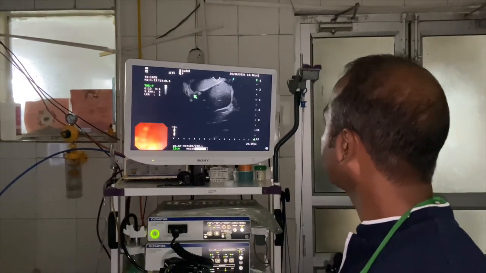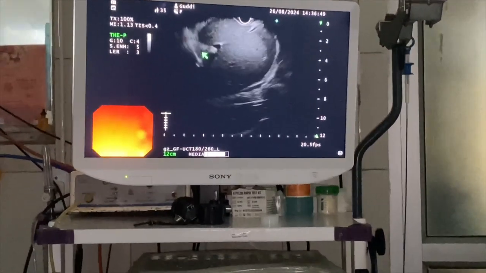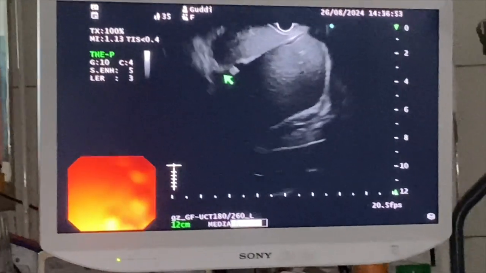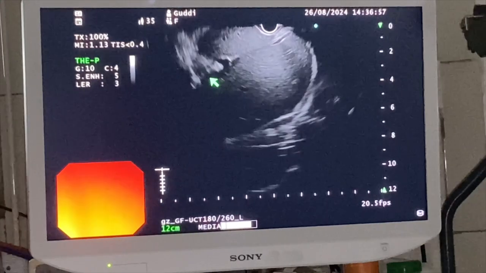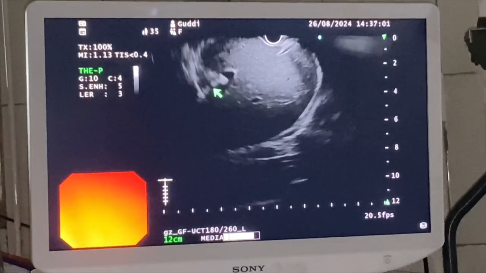So this is the beautiful demonstration of the ductus venosus ligament, the umbilical portion of the left portal vein and the ligamentum teres.